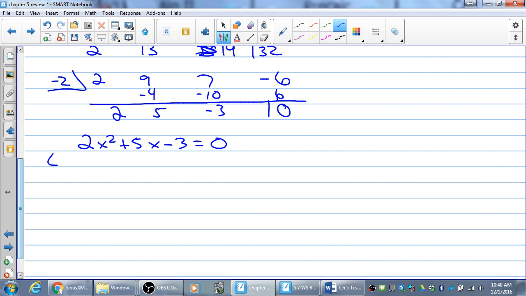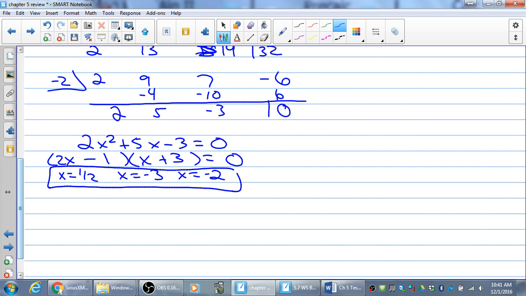I think this factors. So you have 2x and x. I need a positive 5. So plus 3 minus 1, because then I'll get positive 6, a minus 1, that's a positive 5. So x equals 1/2, x equals negative 3, and I can't forget the 1 that's up in the synthetic division. There's the 3 answers.